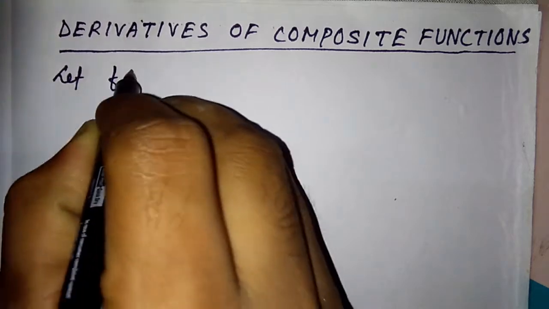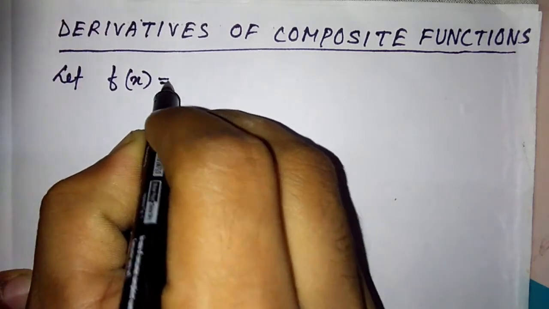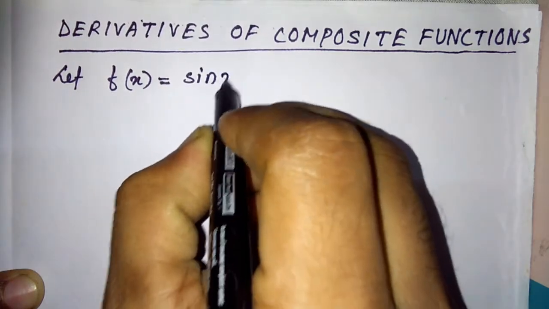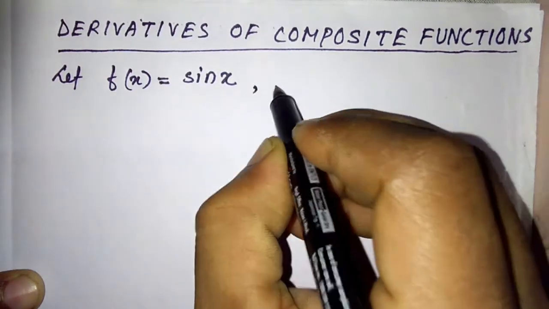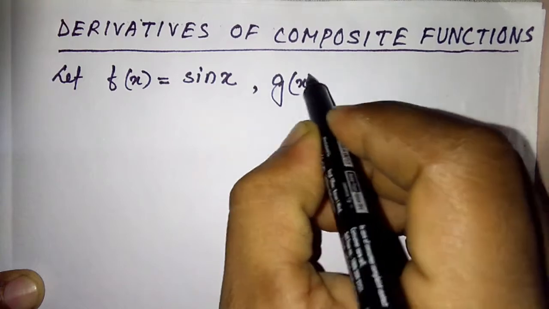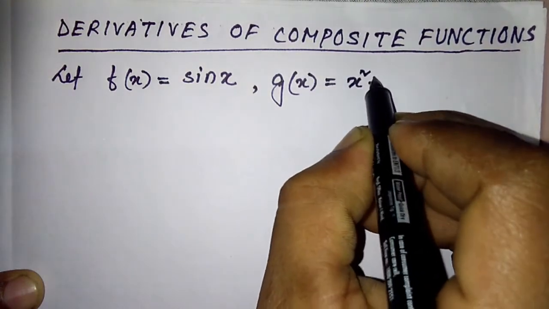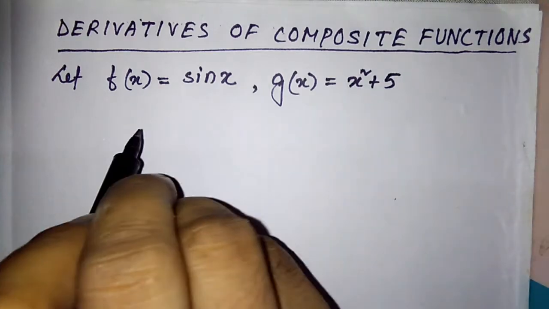Let f(x) be a function, say sin x, and g(x) is another function, say x square plus 5.